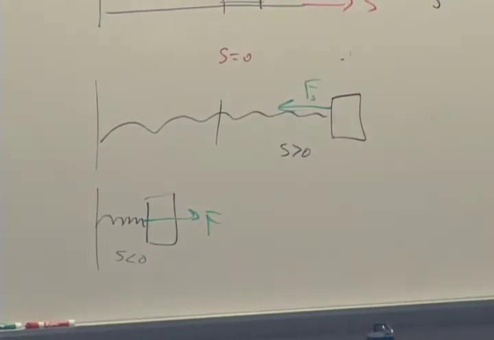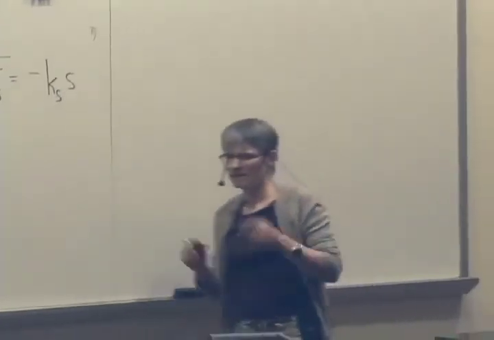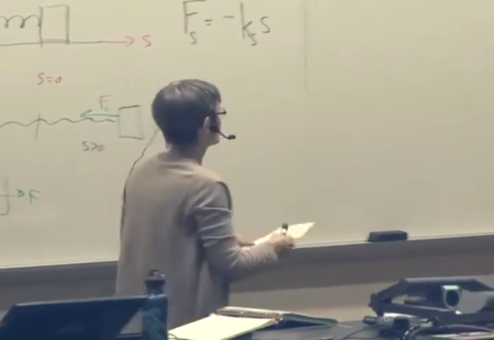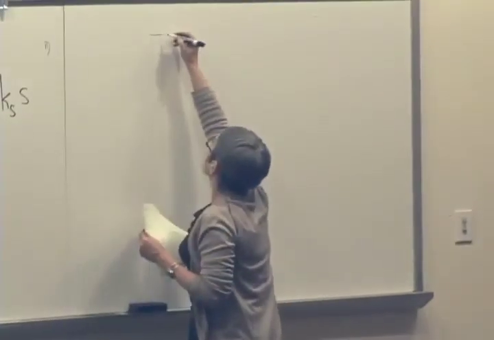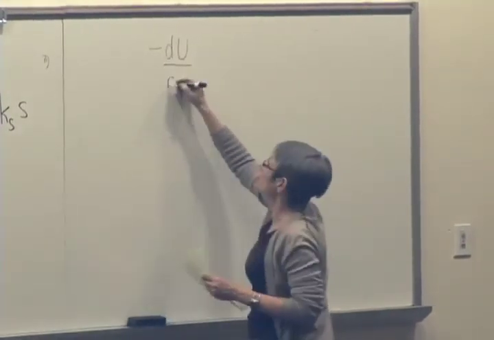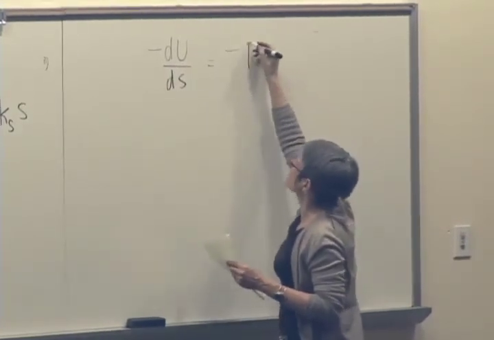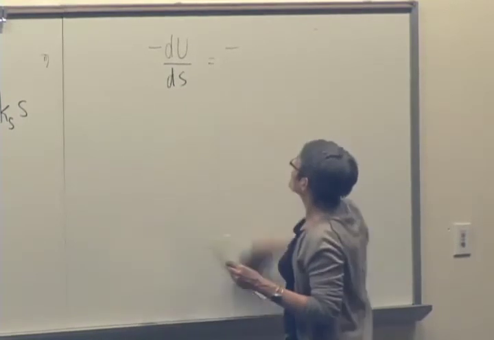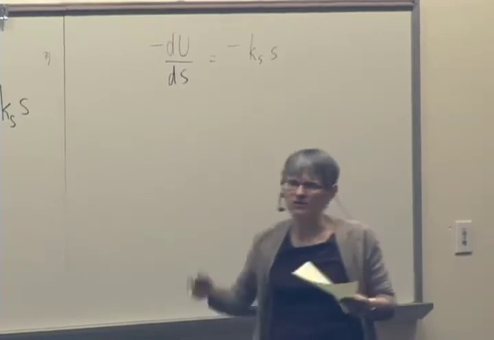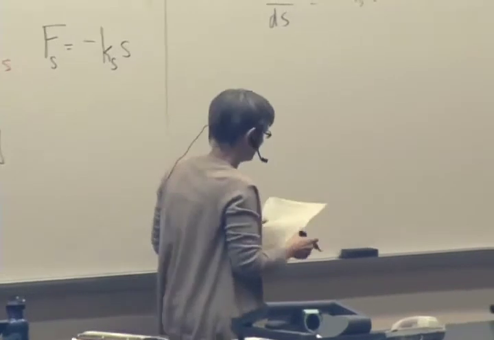Now remember how we found potential energy functions. We said that the negative dU/dS, the gradient in some spatial direction, in this case S, was equal to the force, which in this case is minus k sub S times S. So what we want to do is take an antiderivative and find a function for the potential energy of a spring.